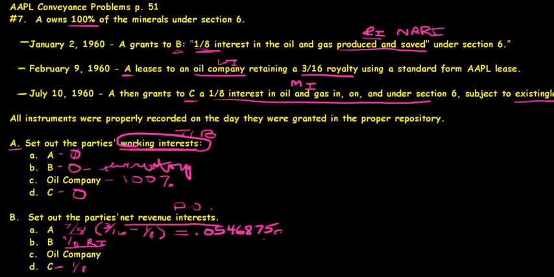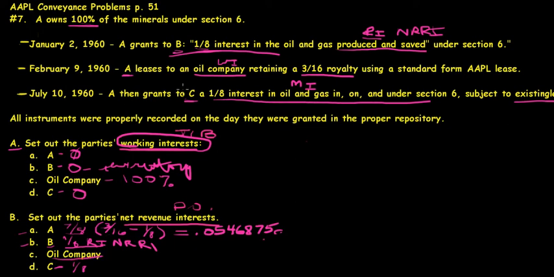Okay, we were in the middle of looking at what we had done with A and B, and I figured out what B's interest was, just this 1/8 royalty interest. B is a non-participating royalty interest. And what we're talking about is the oil company's interest.